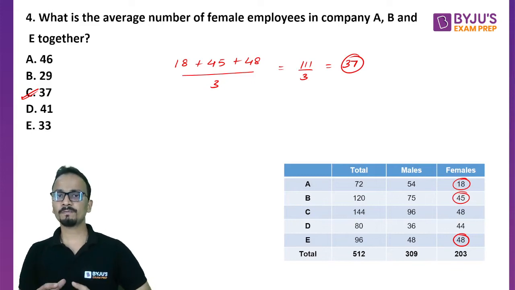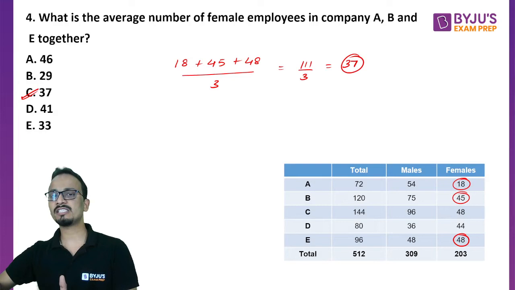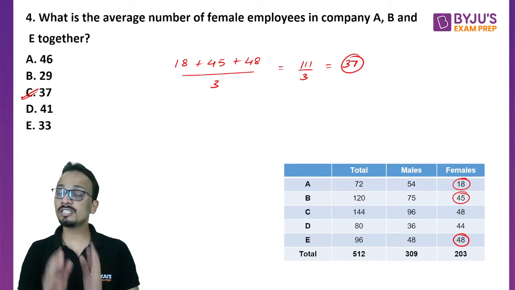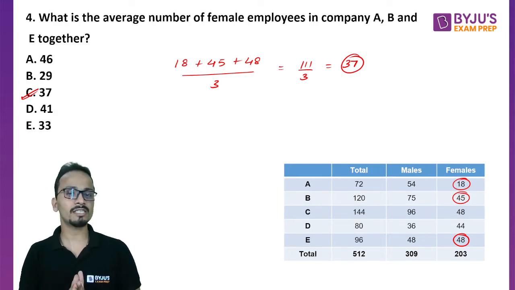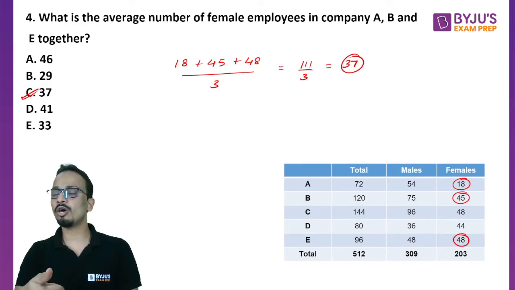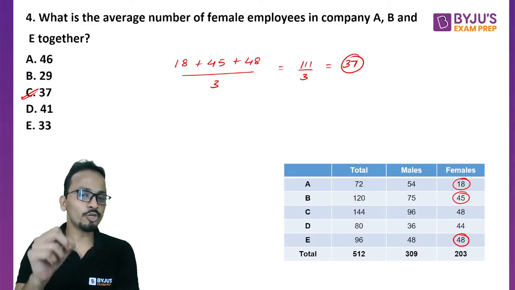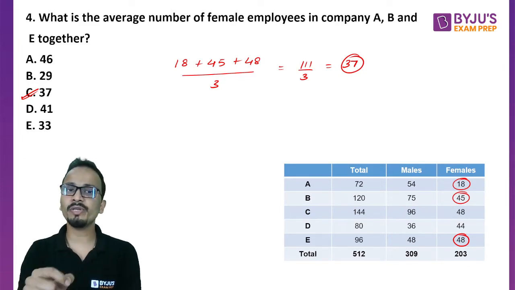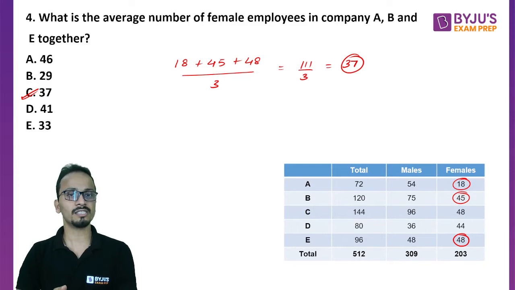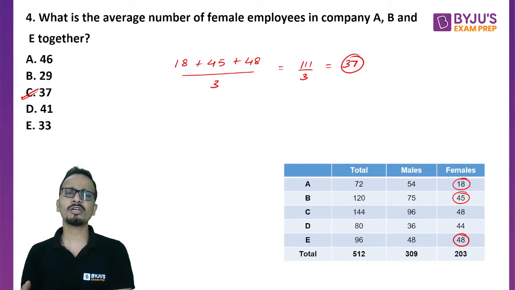Even if you understand all these methods, all the faster techniques of percentages, you still need to practice them on a daily basis so that you'll be able to apply all these things at the time of examination. Otherwise, you will end up using conventional techniques, and conventional techniques are not pretty fast.